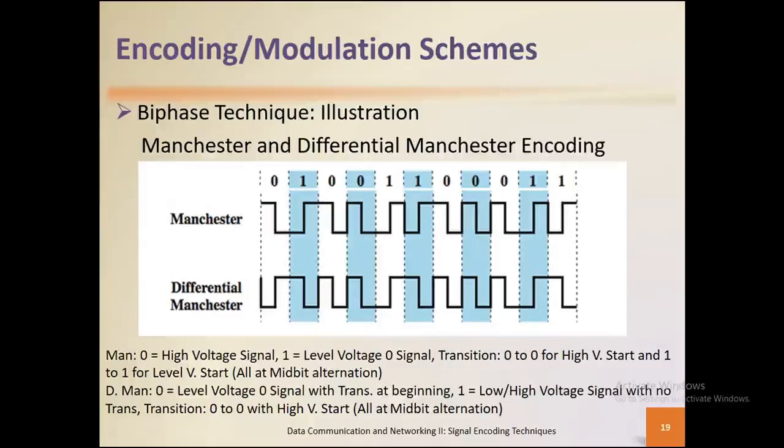So let's look at this. For instance, with the Manchester, you have the high, and keep in mind, like I said, within the biphase there are always transitions at mid-bits. Every single one has got a transition at the mid-bit, or transitions only occur at mid-bits.